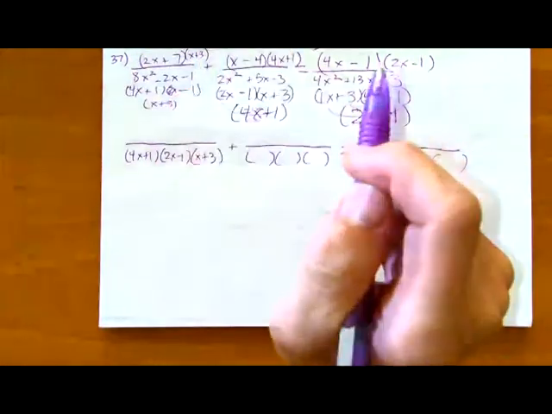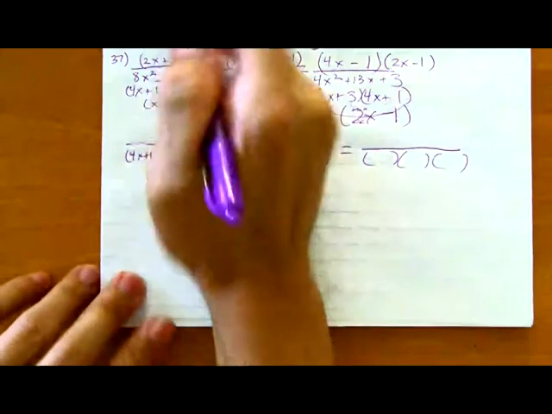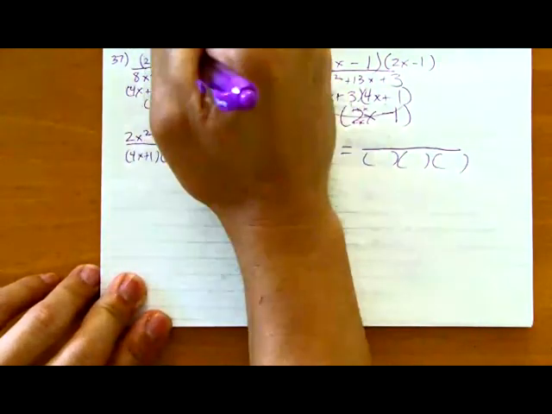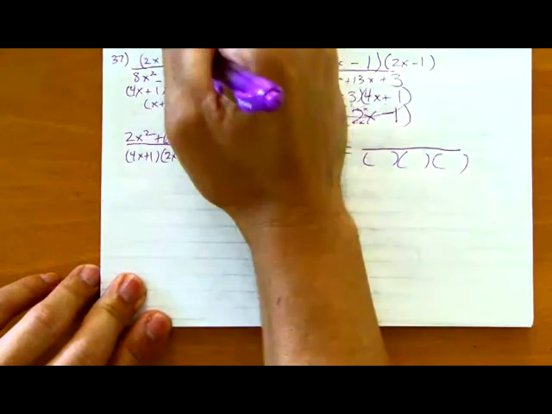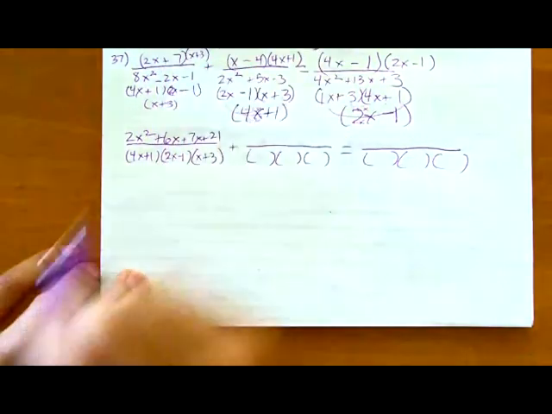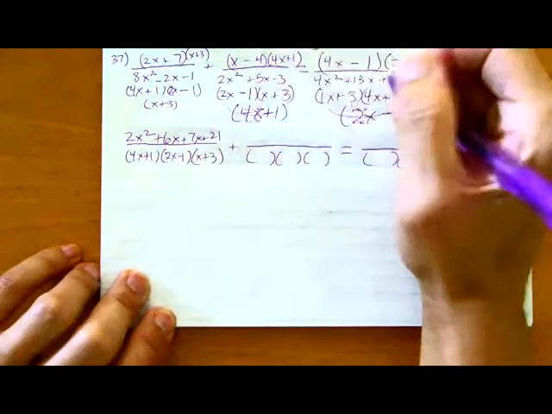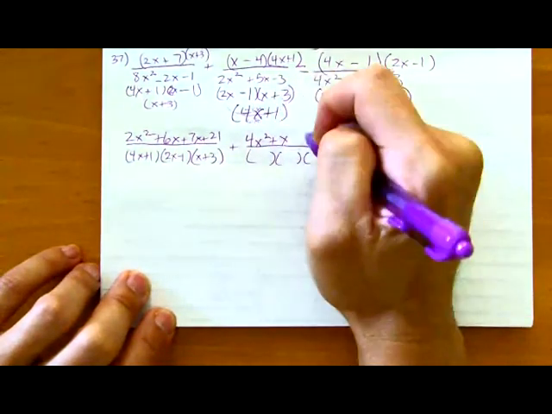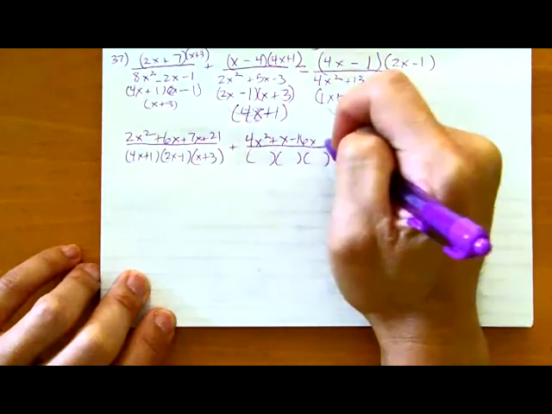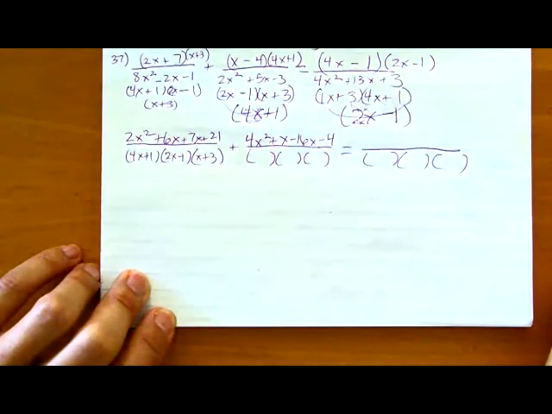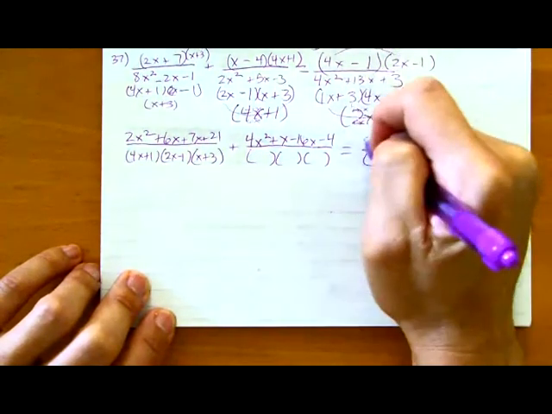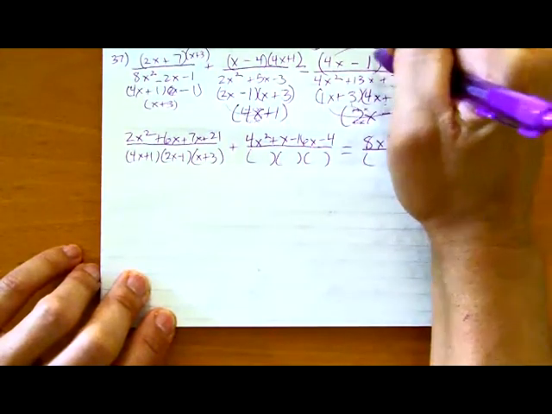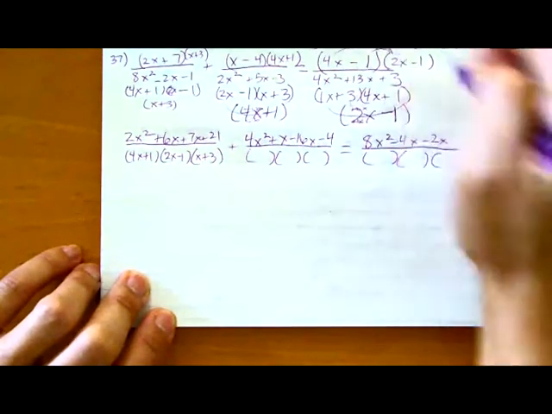I'm going to multiply at the top. 2x to the second plus 6x plus 7x plus 21. If I multiply this numerator out, 4x to the second plus x minus 16x minus 4, 8x to the second minus 4x minus 2x plus 1.